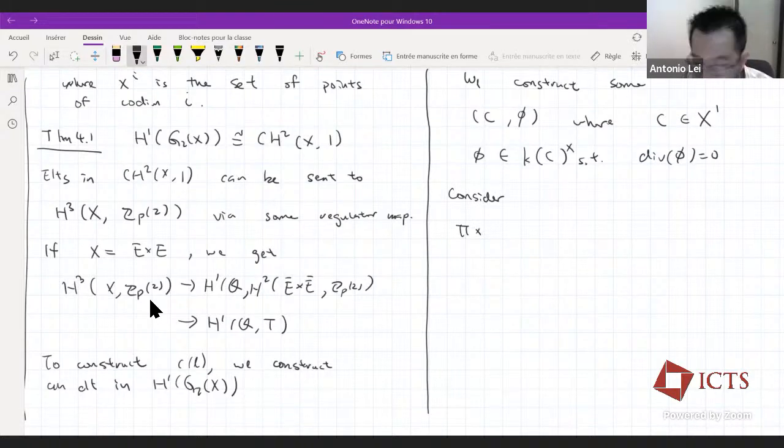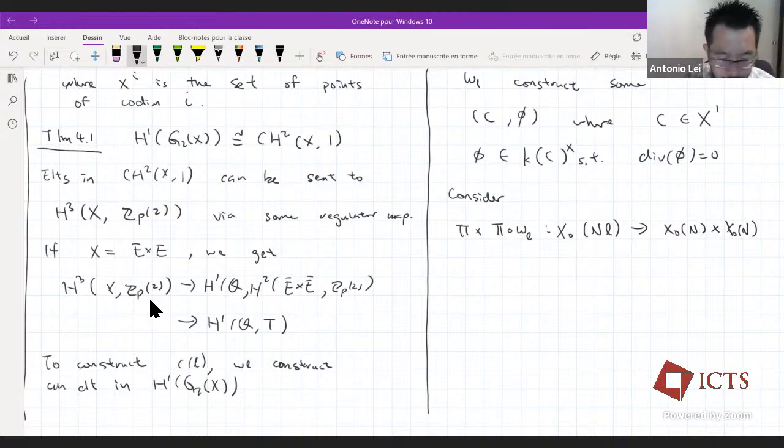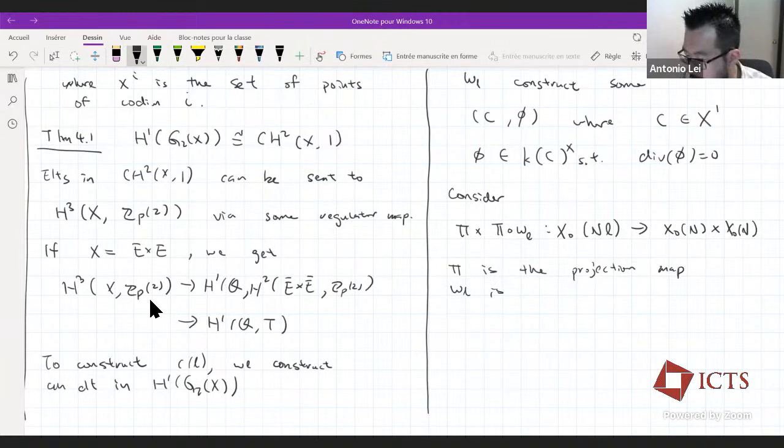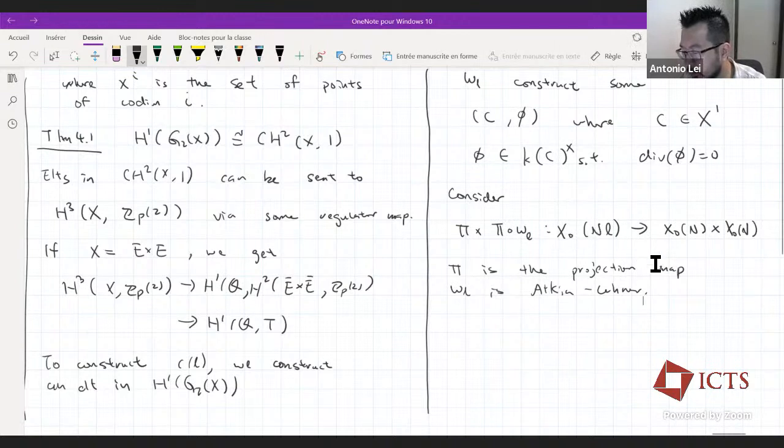I'll write this as pi times pi W_L, where pi is just the natural projection map and W_L is the Atkin-Lehner involution. So you start with something which is of dimension 1, and it's almost like a diagonal embedding, except you twist the second factor by the Atkin-Lehner involution.